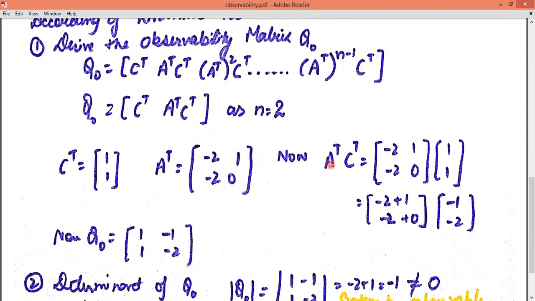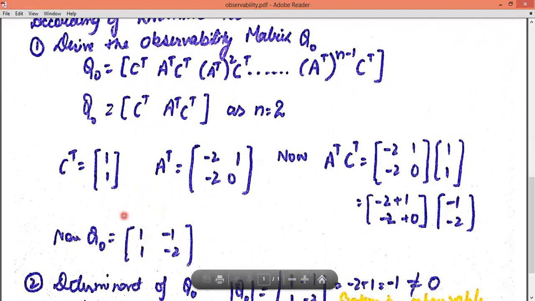Now we also need A transpose into C transpose. We first multiply this and we get the solution, which becomes minus 1 and minus 2. So we put the value of the Q matrix Q0: 1, 1 as C transpose, and minus 1, minus 2 as A transpose C transpose. So this is the matrix.